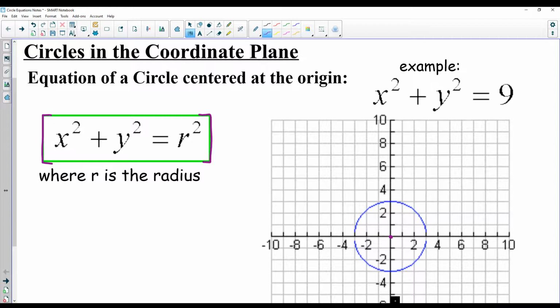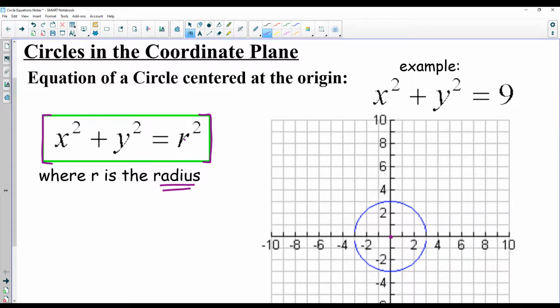There's a lot of mathematical reasons why this makes sense, using the distance formula and all that, but what we really need to look for is to make sure that our x is squared, our y is squared, that this is plus right here, and that makes it curved around in all directions, and that it's equal to the radius squared. R is the radius. Okay, so pretty simple.